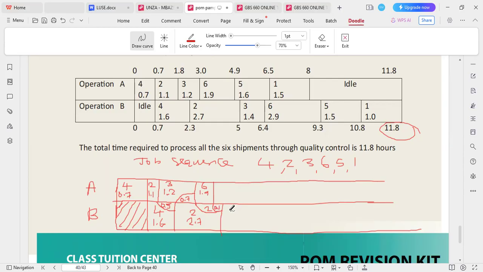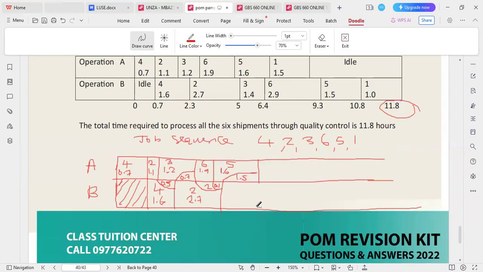So meaning that by the time they're finishing running job 2, people in operation A would have finished running job 6. So they can switch to job 5. Job 5 in operation A is taking 1.6, meaning that it's taking 1.5 hours longer.